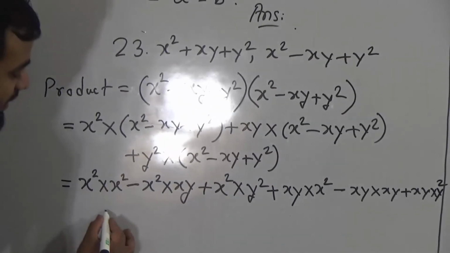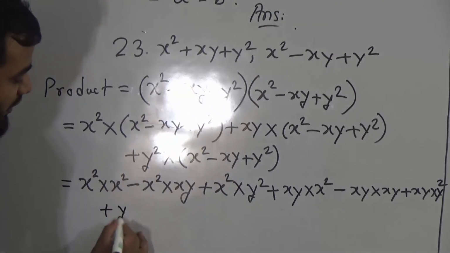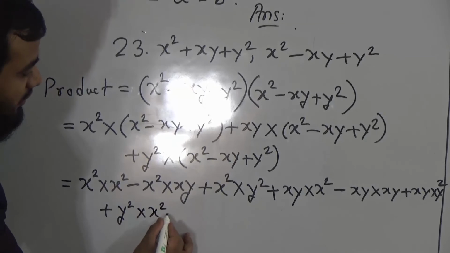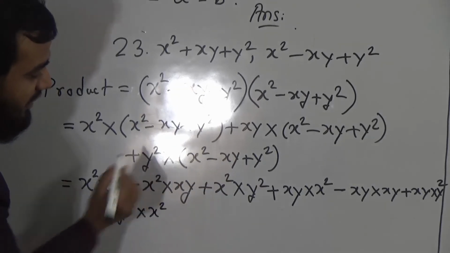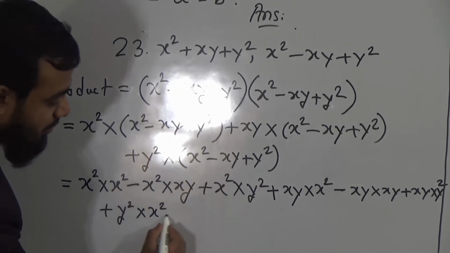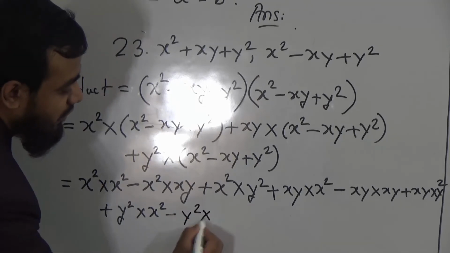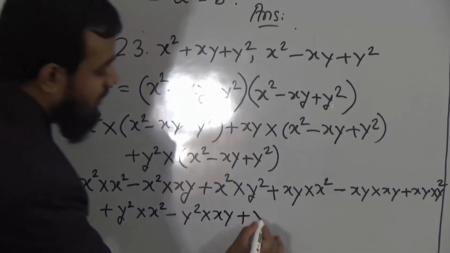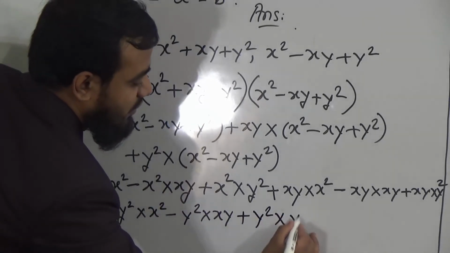Another one, we have y square multiplied with x square. Now y square is multiplied with minus xy, so we'll get a minus sign. And also this y square is multiplied with this y square.